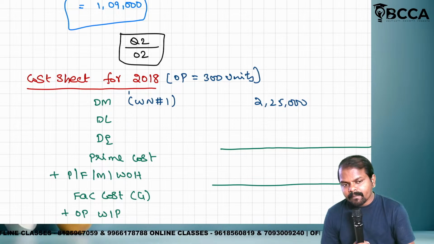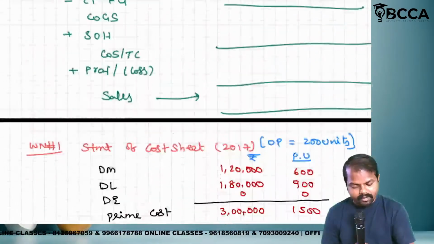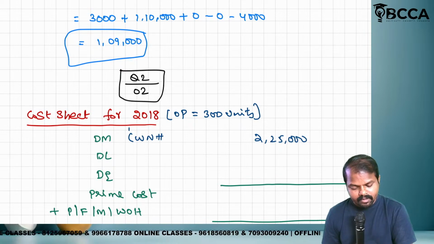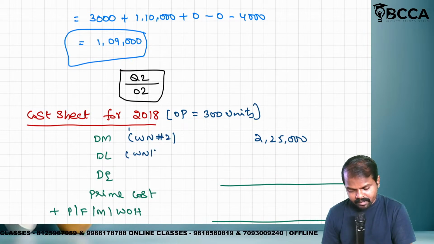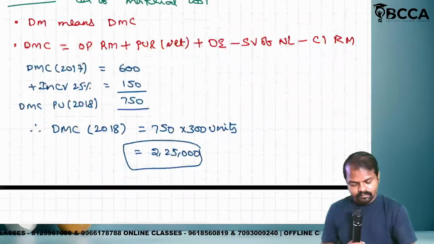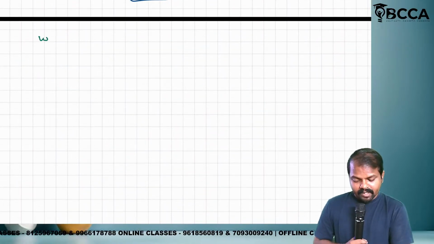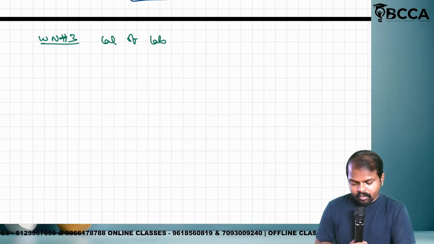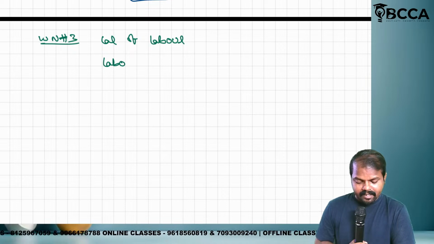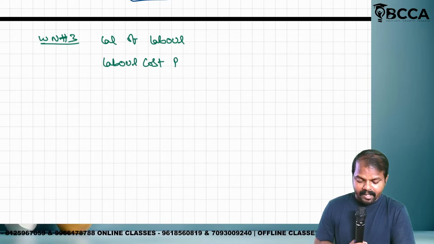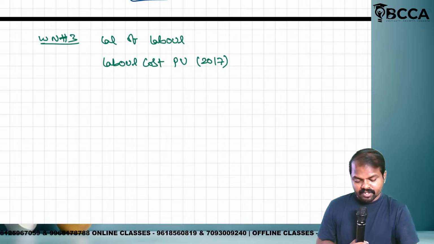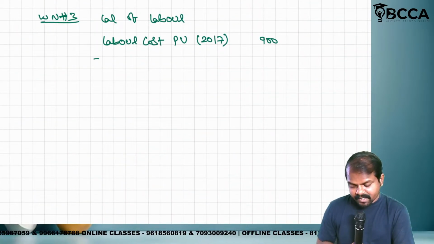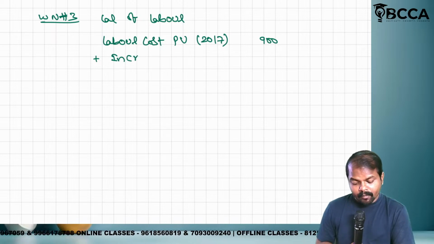What is the next line? Direct labor. Working note number 3. Calculation of labor cost per unit in 2017. How much? 900. What is the increase?